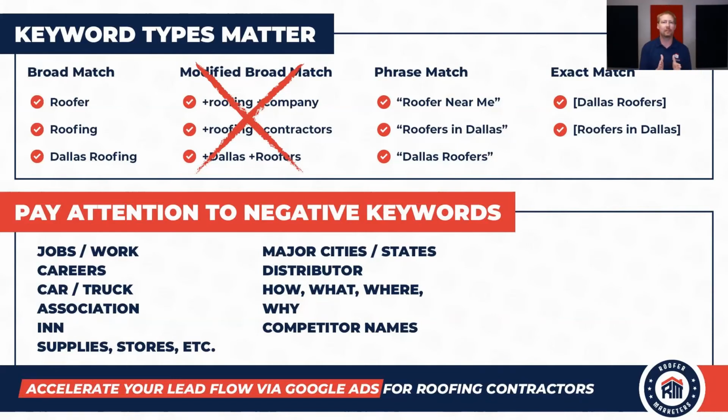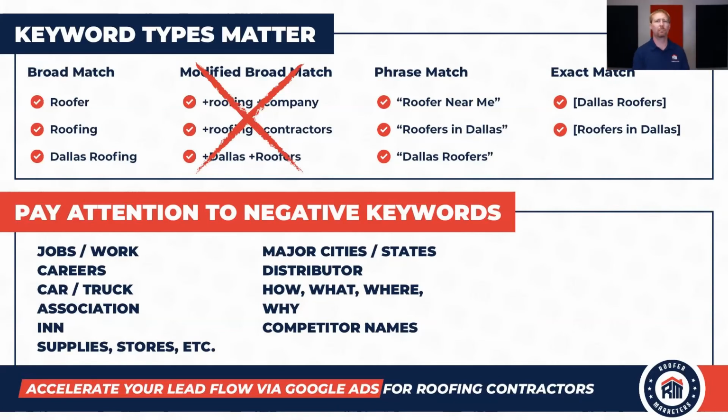And so they're not looking for a roofing company in Colorado Springs. They're looking for a roofing company outside of that area. So you want a negative keyword out. You're never going to get them all, right? You're never going to get every city, but put in all of the major cities, all of the states, negative keyword out how, what, where, why, those informational type keywords.